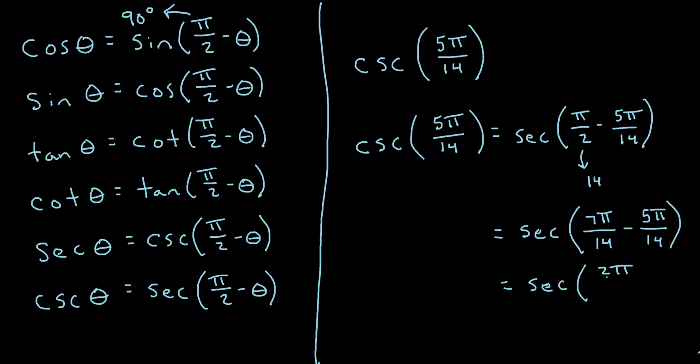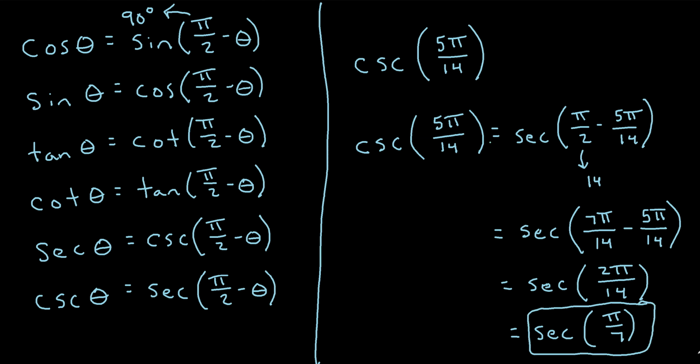So 2 pi over 14. And if we'd like, we can reduce that by dividing the numerator and the denominator by 2. So we can get pi over 7 as our final answer. So the cosecant of 5 pi over 14 will be equal to the secant of pi over 7.